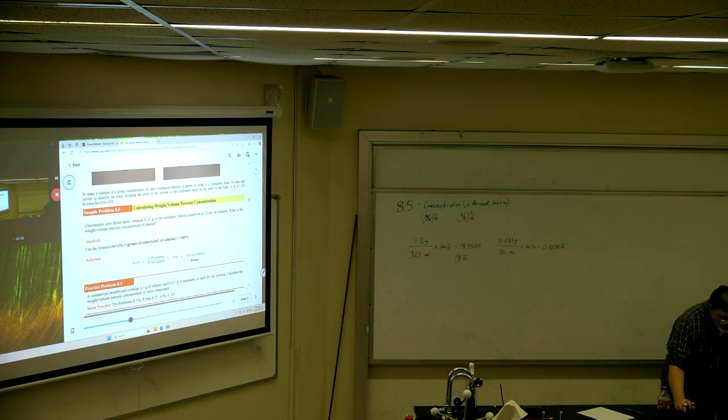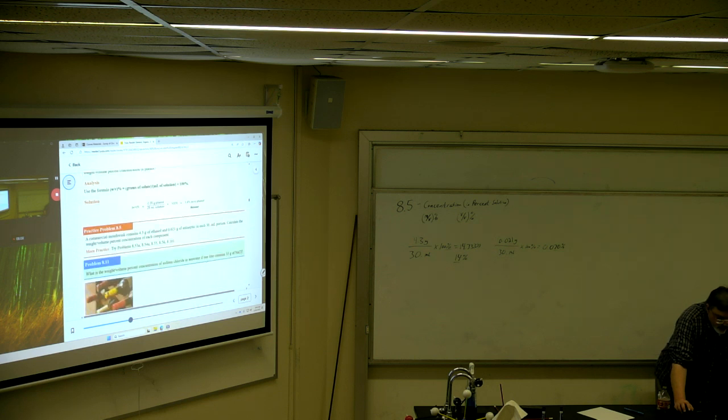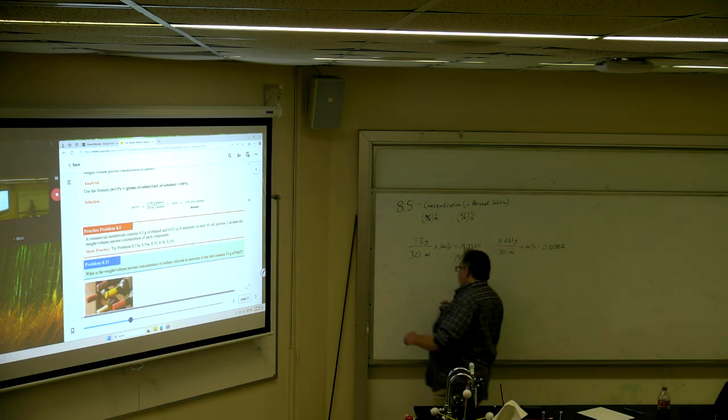And I guess I'm just going to do a bunch of these problems. This says 1 liter, but we do this in milliliters. So 1 liter is 1,000 milliliters, so 35 grams.